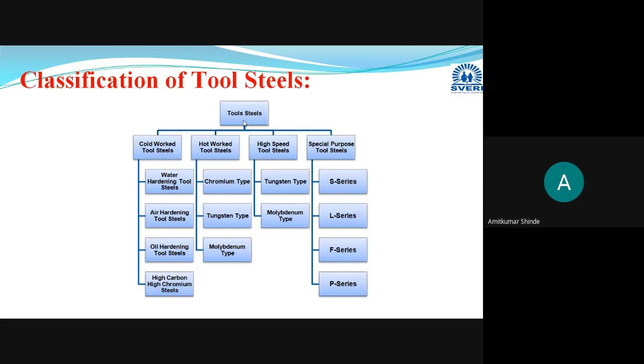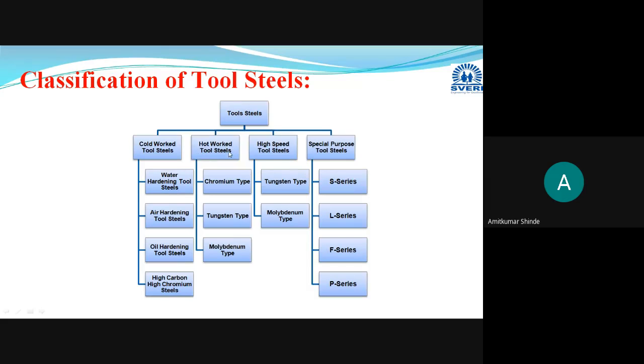Now, these steels are classified into four different types depending on their use or their different applications. The first type you can see here is the cold worked tool steels, then hot worked tool steels, then high speed tool steels, and special purpose tool steels. On which basis is this classification done?